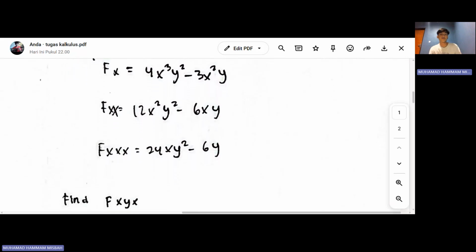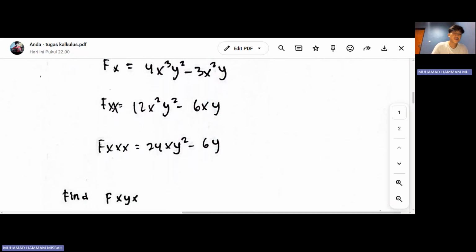For the third partial derivative with respect to x, we do the same thing again. So this is 2 times 12 becomes 24, and x to the power of 2 minus 1 becomes x to the power of 1, and minus 6y.